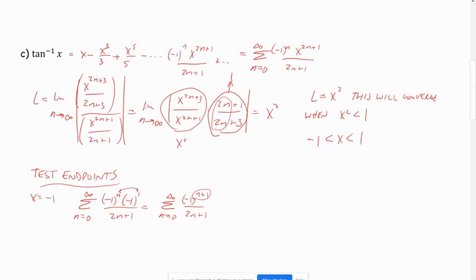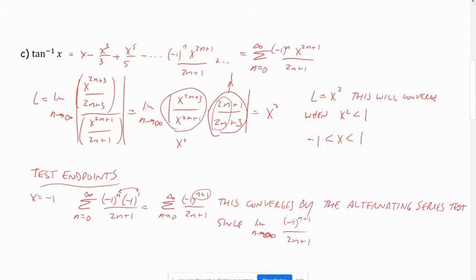So this converges by the alternating series test, since the limit as n approaches infinity of -1 to the n plus 1 over 2n plus 1 is equal to 0.